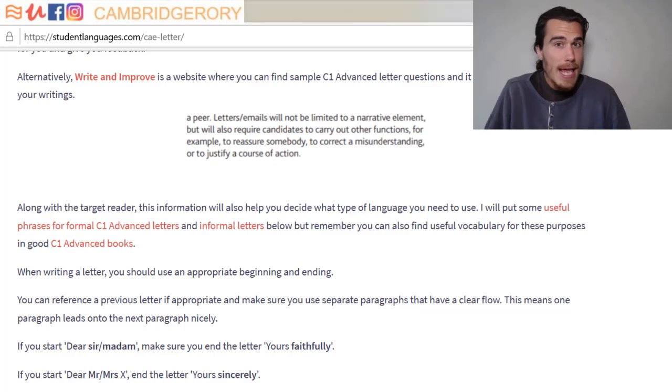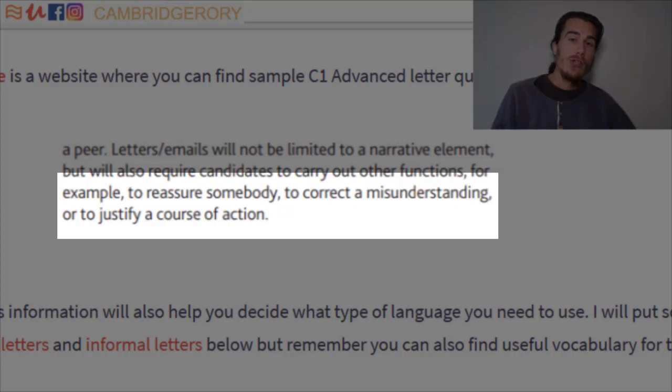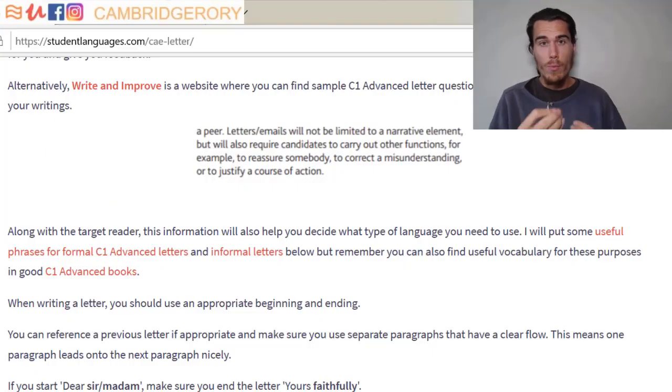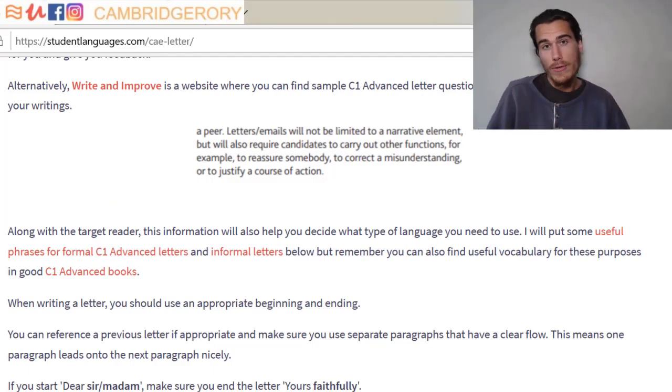So those are 3 typical things you might need to do in the exam. So again, that is to reassure somebody, to correct a misunderstanding, or to justify a course of action. And depending on which of these elements are your main focus will also depend what type of language you use.